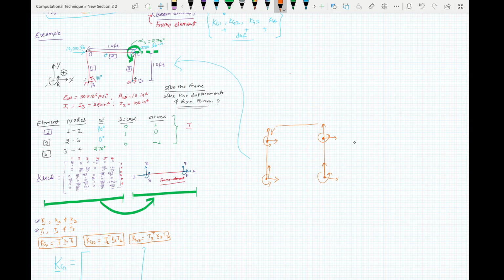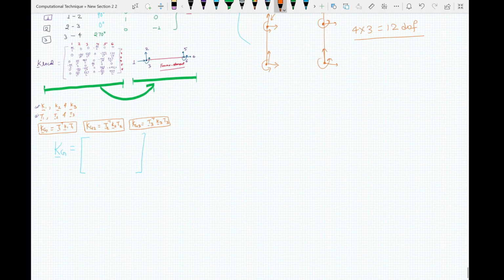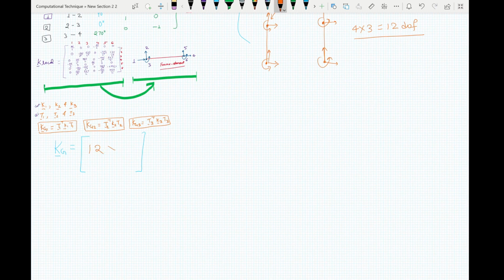So in total you have 4 times 3, that equals 12 degrees of freedom. Therefore your matrix will be a 12 by 12 matrix.